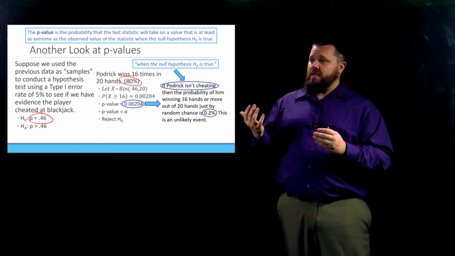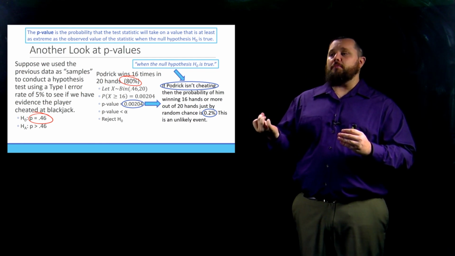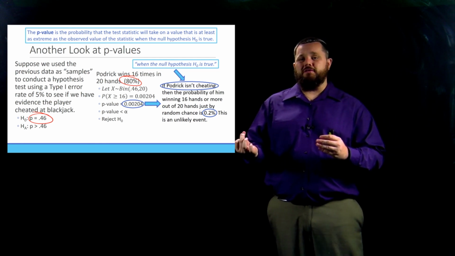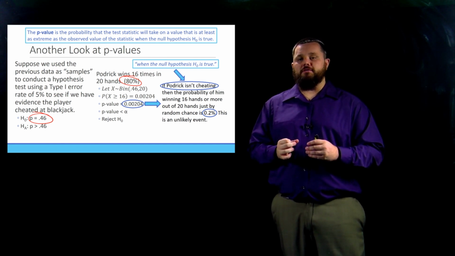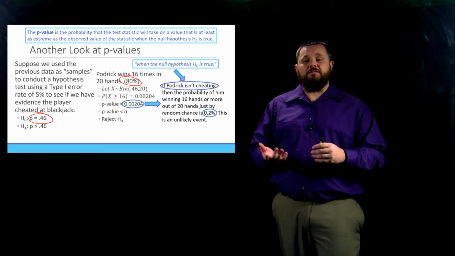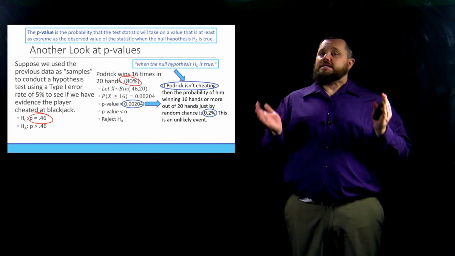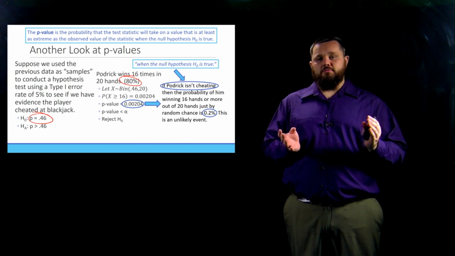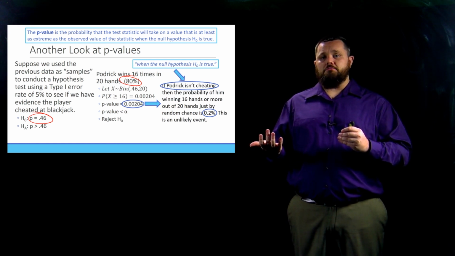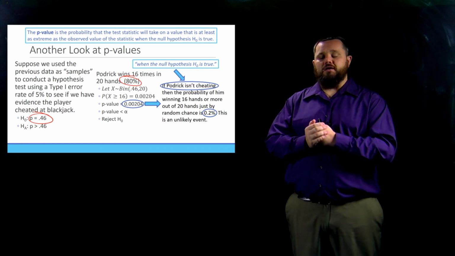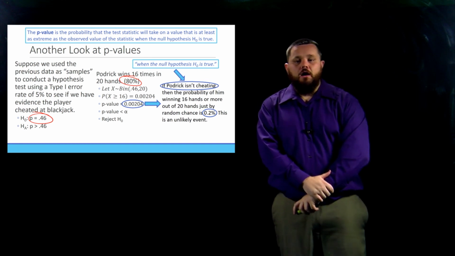However, even based off our p-value, if the null hypothesis is true, there's about a 1 in 500 chance. Granted, that's really small, but there's still that 1 in 500 chance that someone could win 16 or more hands out of 20 playing honestly, simply by random chance. So is it possible we made a mistake and he was playing honestly? Sure, that is possible.